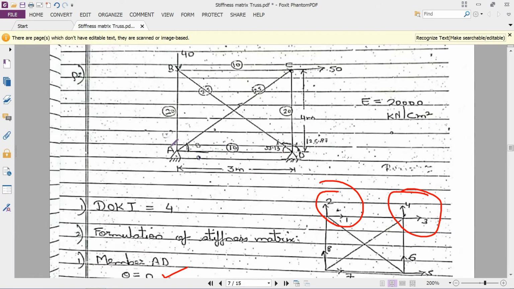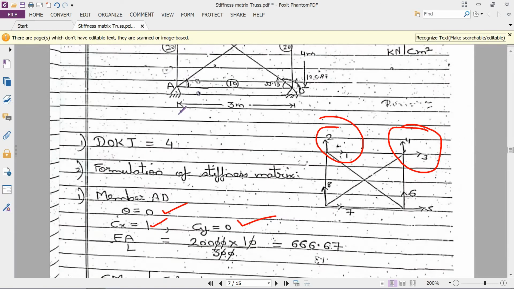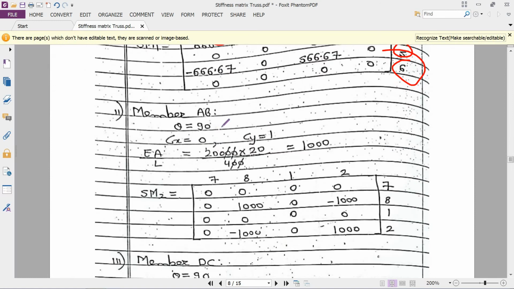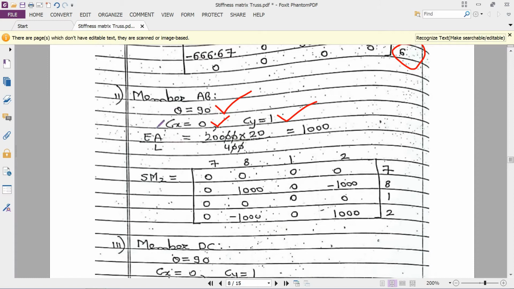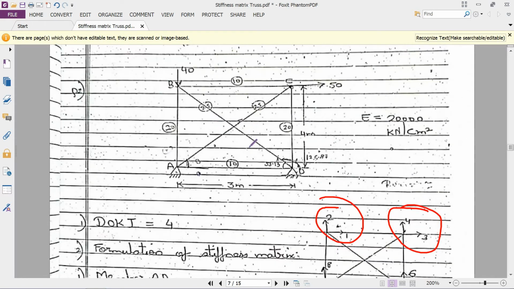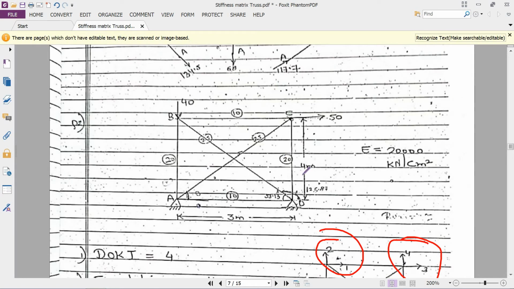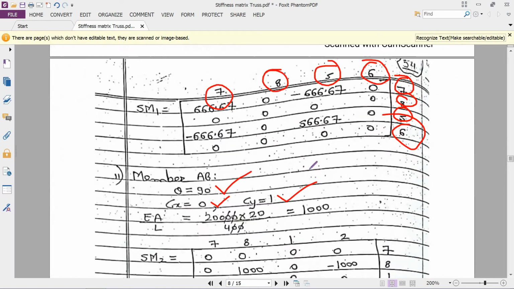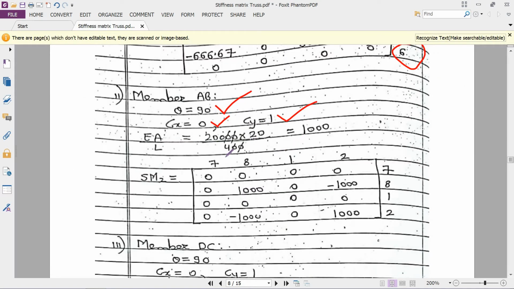After AD we will consider the vertical member AB. For AB, the angle theta will be 90 degrees, therefore cos 90 is 0 and sin 90 is 1. So Cx equal to 0, Cy equal to 1. Then for the member AB we have to calculate the EA by L. In this case area is 20 centimeter square, E is 20,000 kilonewton per centimeter square, and L is 4 meter, that is 400, because we have to put all these values in centimeters.